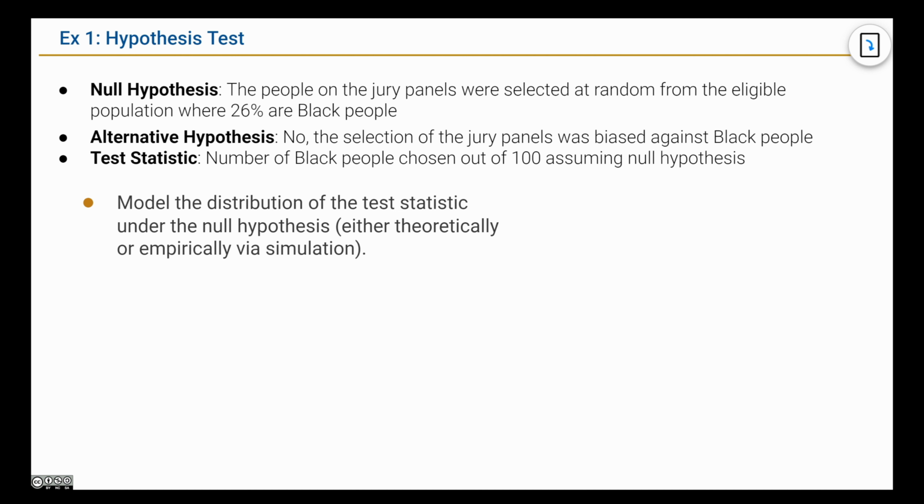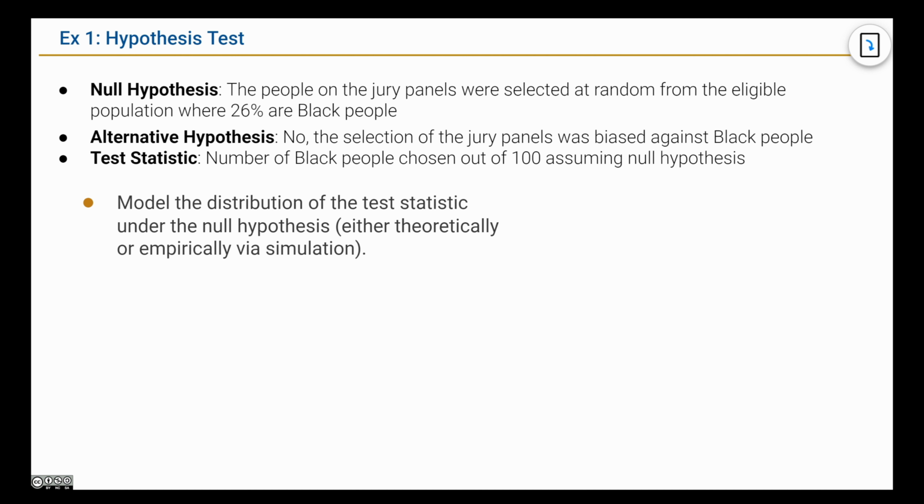Okay, so there are two ways you can think of this. We can think of randomly sampling from a Bernoulli distribution where the probability of being a Black person is 26%, the probability of not being Black is 1 minus 26%, and we can imagine repeatedly sampling from a Bernoulli distribution 100 times, where these random variables or our sample points are independent and identically distributed.